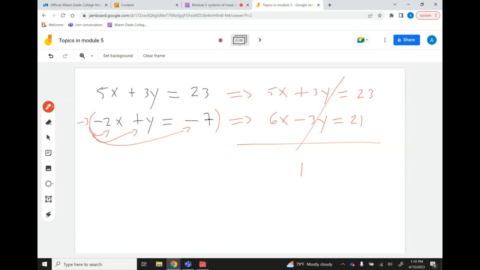Now we have 11x equals 46, and we get this weird number. Let me take a look at this for one second here. What happened? I was hoping to get a nice number here, but I didn't, and I want to know what happened.